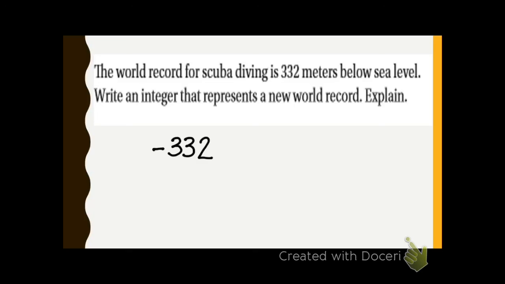You would have to go how far? You would have to go at least to -333 meters, correct? Because you have to go further than the first person went. So anything -333 or lower. It could be -338. It could be -340. So any of those, it had to be a negative number that was lower than -332.